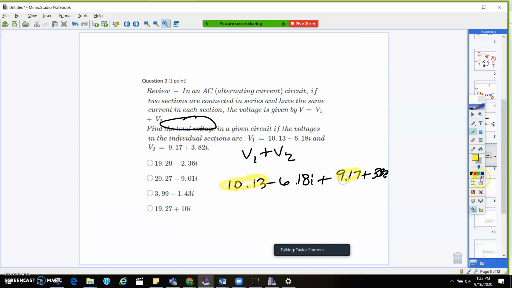Like terms meaning real and imaginary are like terms. So if I add these two together, I'm really going to get 19.30. This has been corrected on your review. And then I'm going to take -6.18i plus 3.82i, and that's going to give me -2.36i.